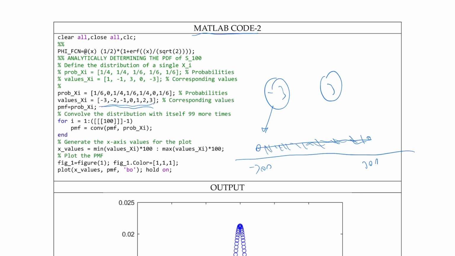All of them are integers, and we're going to convolve them, so what we will end up with will be integers. We also know the minimum and maximum, and we also know the number of plays we have. It was 100 for this problem, so we can generate the x-axis by defining integers, basically.